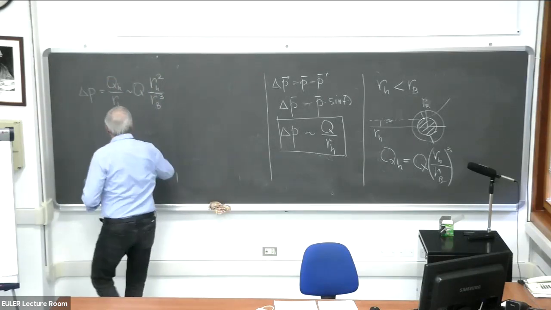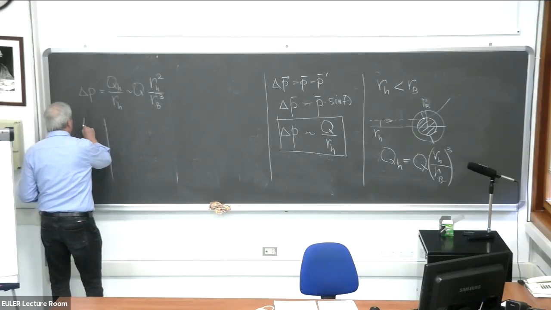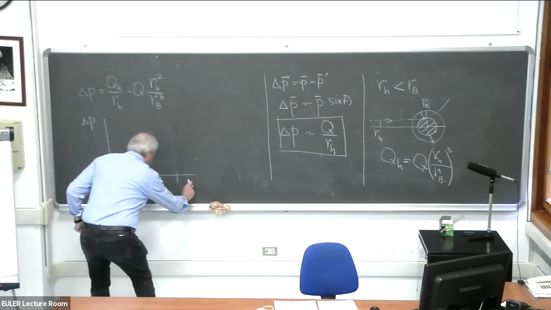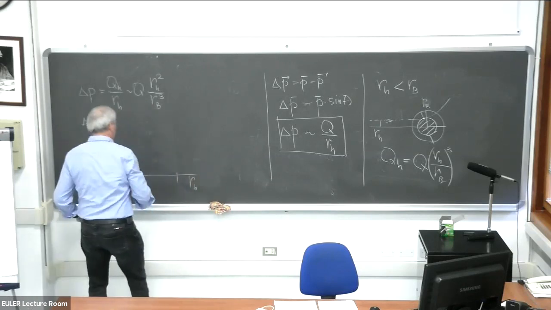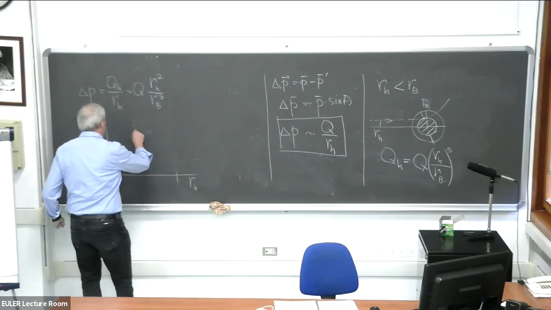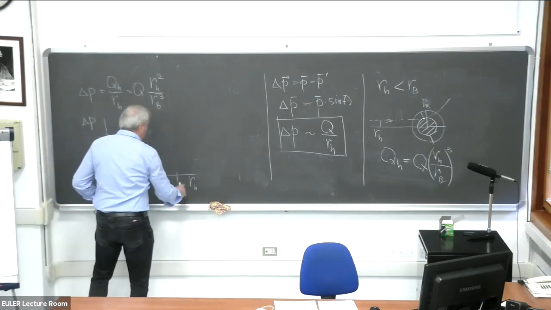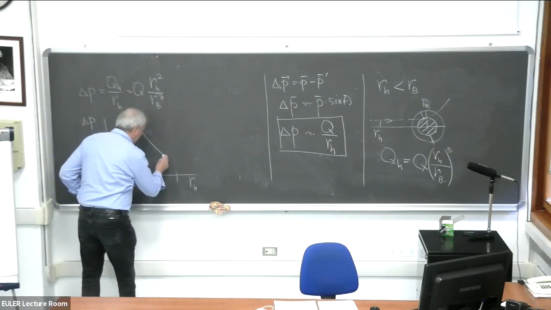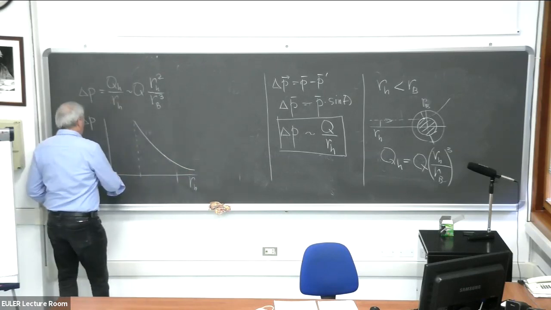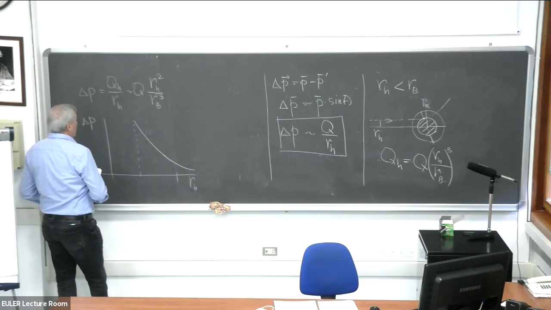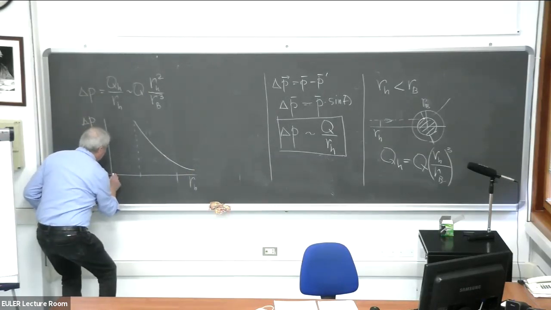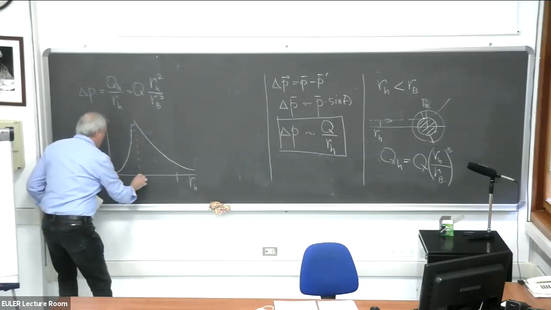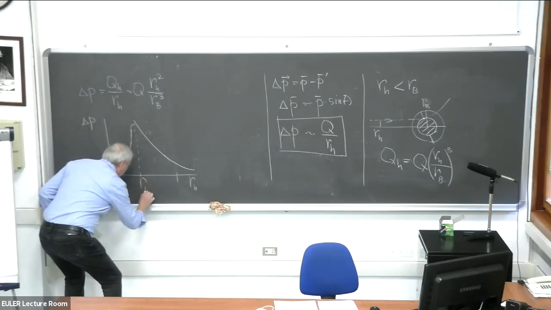So now let me plot this dependence of delta P, which is the change of the momentum, as a function of impact parameter, R_H. At large impact parameters, we have this 1 over R_H dependence. And below we have this R_H squared, so it will be like this. And here is some transition region. And this point is precisely R_B.